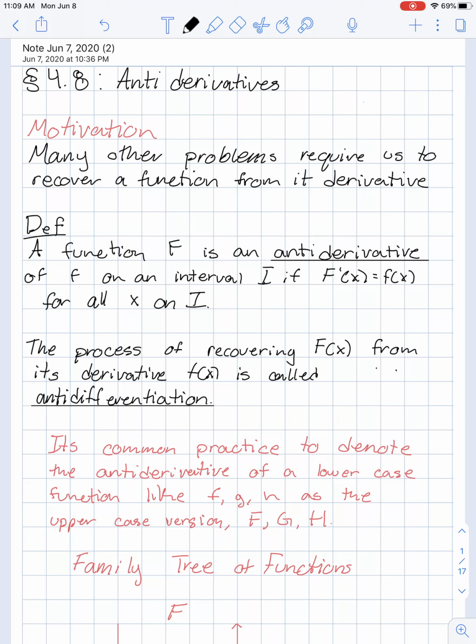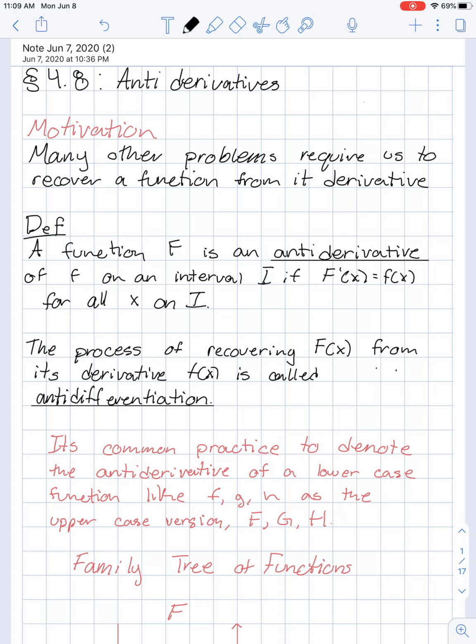All right, so we define antiderivative like this: a function big F is an antiderivative of little f on an interval I if big F prime of x equals little f of x. So that capital F is the antiderivative and little f is our original function, all right?